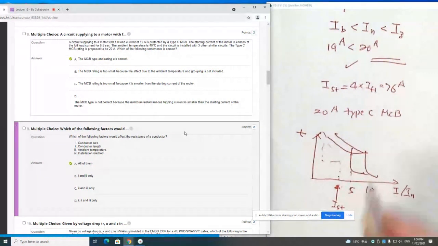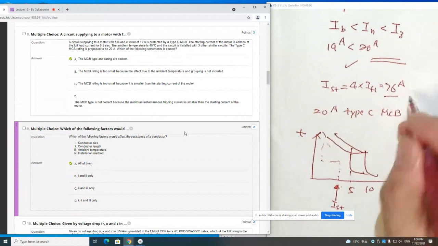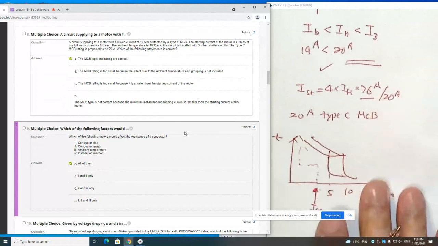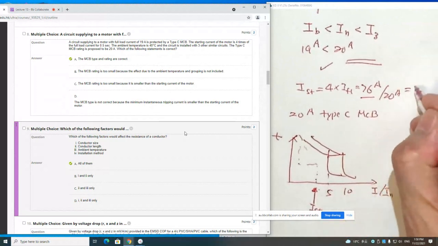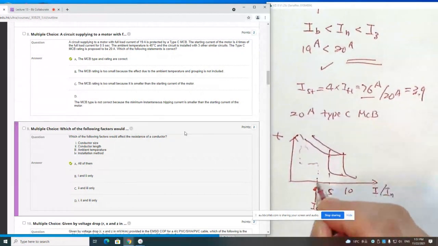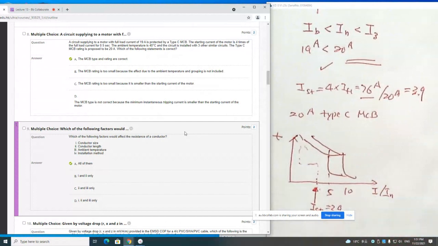So we know the starting current is 76, and for the multiple, we divide this one by 20, right? 20 is IM. So this is like 3.9 something, so less than 4. So somewhere here, this is like a 3.9.